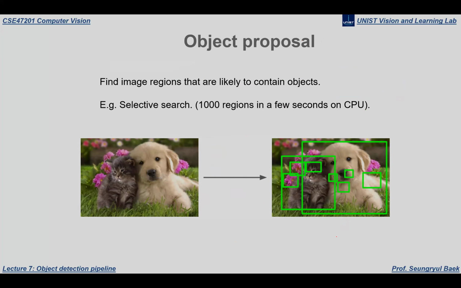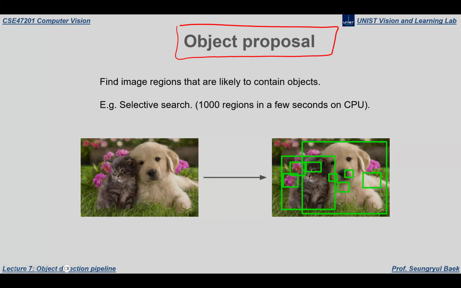So the initial idea to make the deep learning approach practical is using this object proposal algorithm.